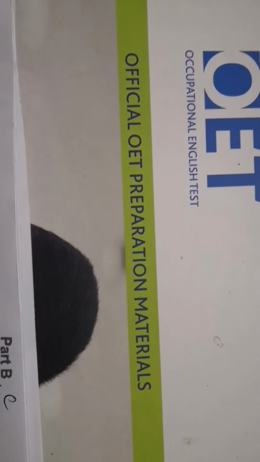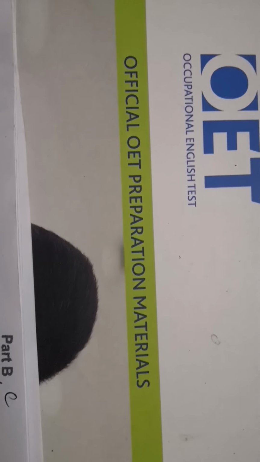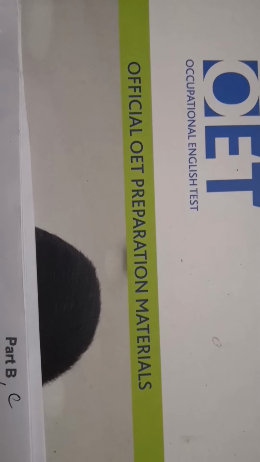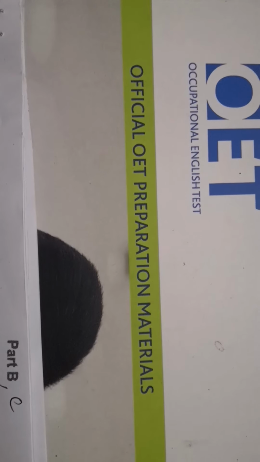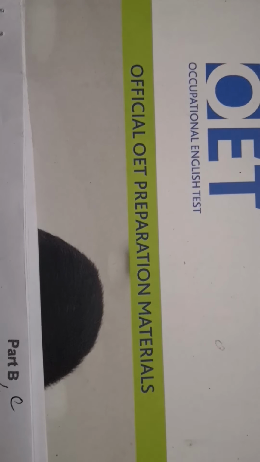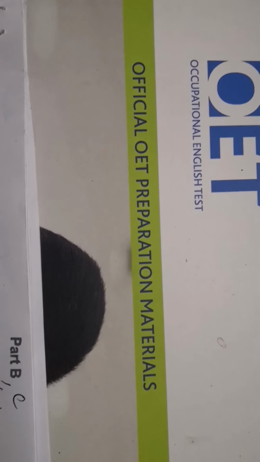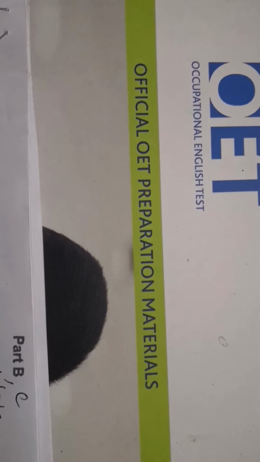As you know, for both B and C altogether you have a total of 45 minutes. In part B you have to answer 6 questions, and they will give you 6 short texts consisting of 100 to 150 words. From each text you will answer one multiple choice question.